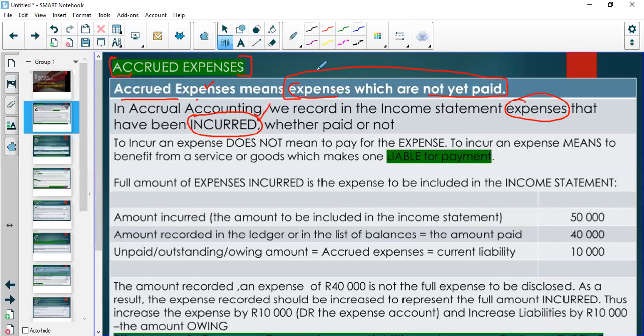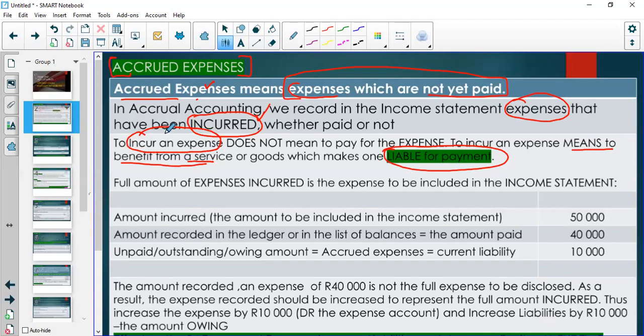Given that, let us discuss the concept of incurring an expense. When you incur an expense, this means you have benefited and now you are supposed to pay. In other words, you are liable for payment because you have benefited. Basically, that's the concept of incurring an expense.